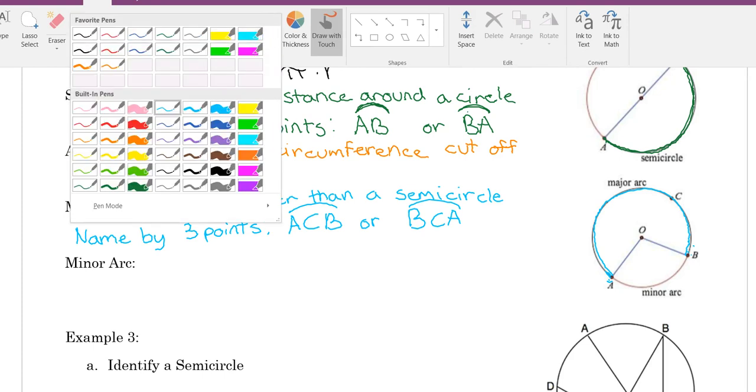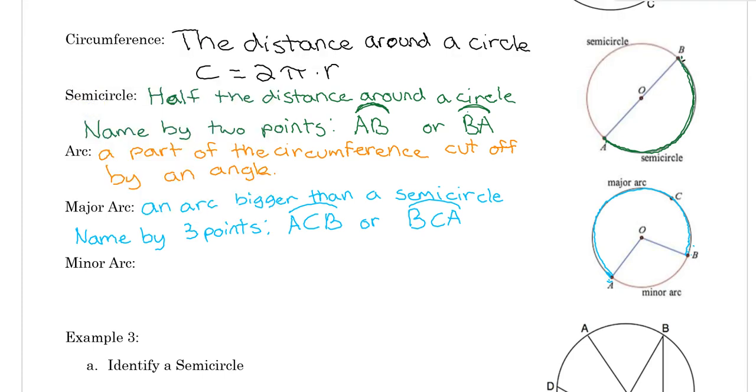If a major arc is more than 180, or more than a semicircle, then a minor arc is an arc that is smaller than a semicircle. Alright, so our minor arc is here.